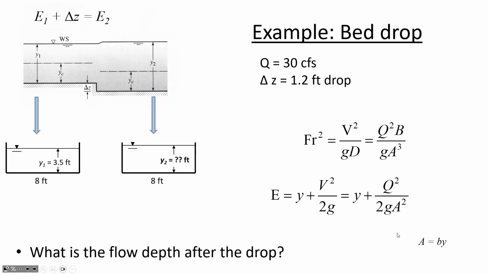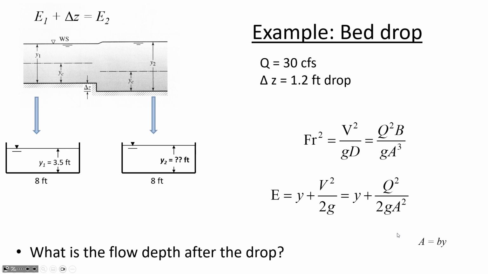So this is the specific energy relationship that's going to allow us to find out the new unknown depth at 2. Because we know Y1, and we know all of the parameters for the area at location 1. And we know the delta Z here, it's dropping down 1.2 feet.